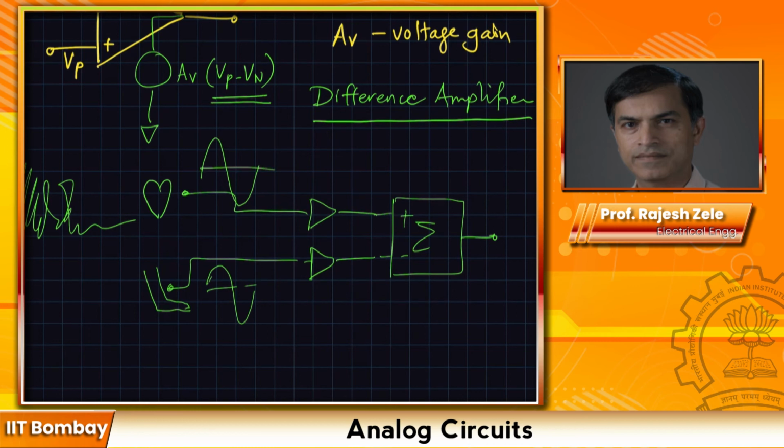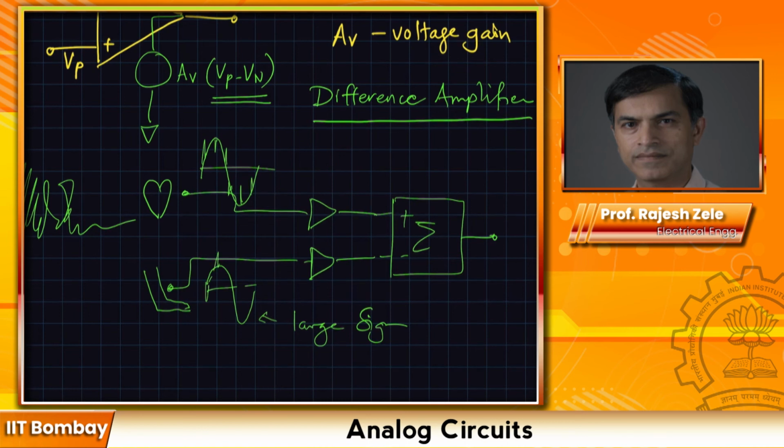These are large, noisy signals on each lead. If we amplify them separately, our desired signal is a small signal riding on top of this signal.